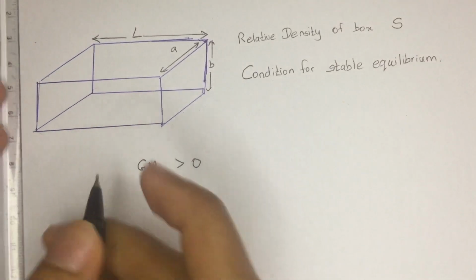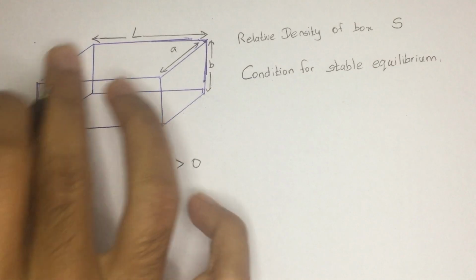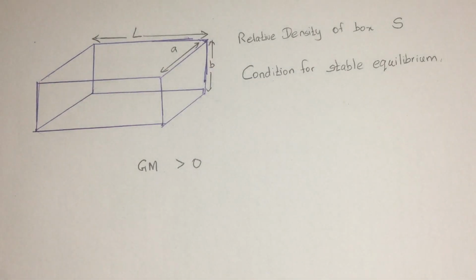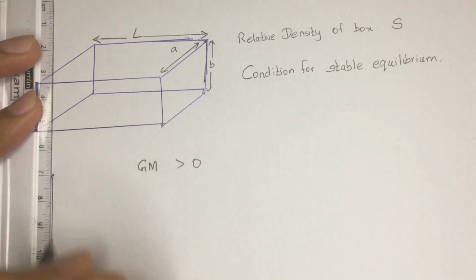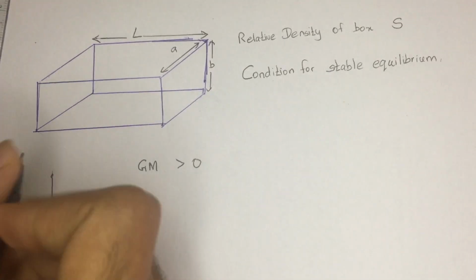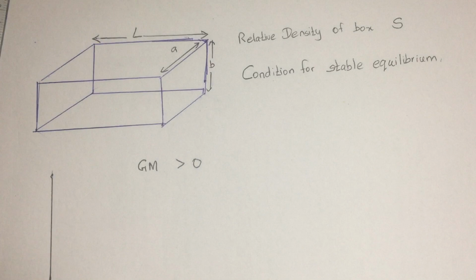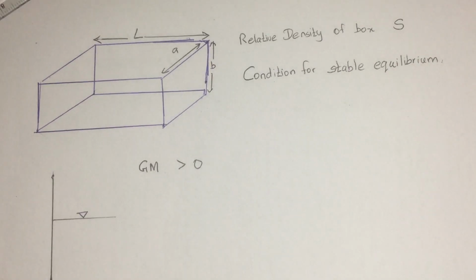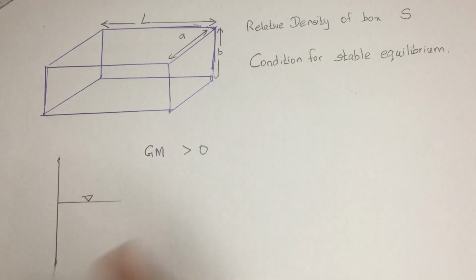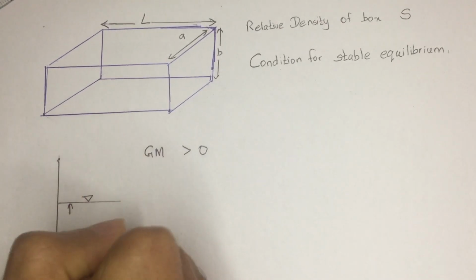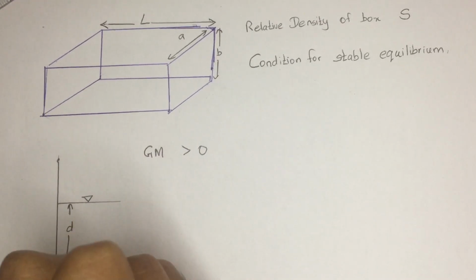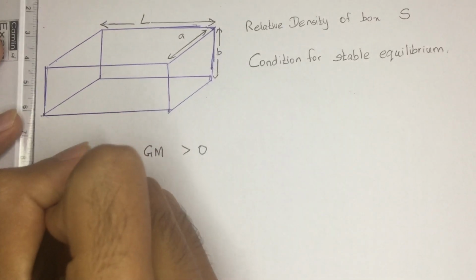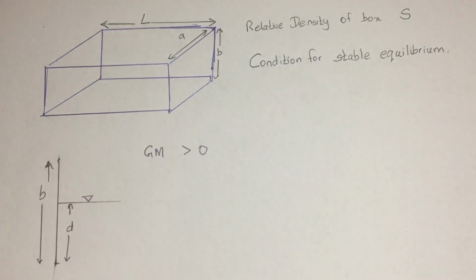So what is meant by the GM is, if it's submerged or partially submerged, let me draw this part like this, the B part like this, the total height, and let's say this is the water level on it. This is the depth of that body, and this is the B part, the vertical height of that.